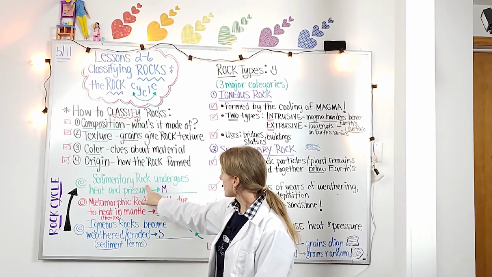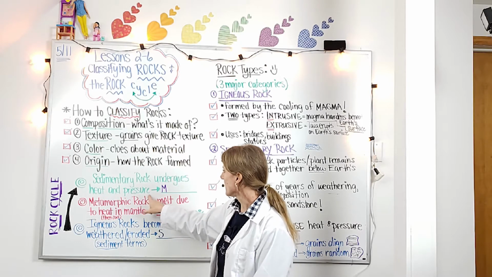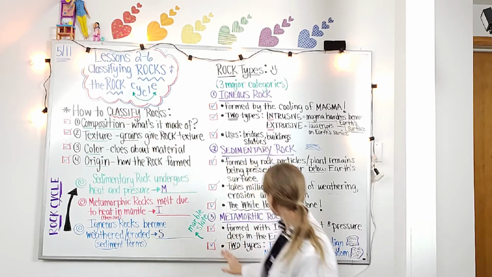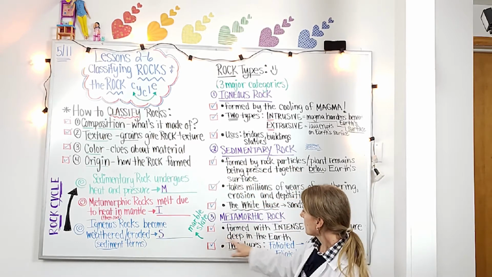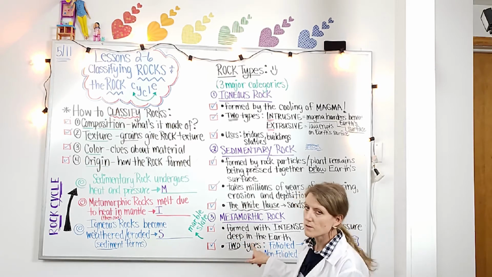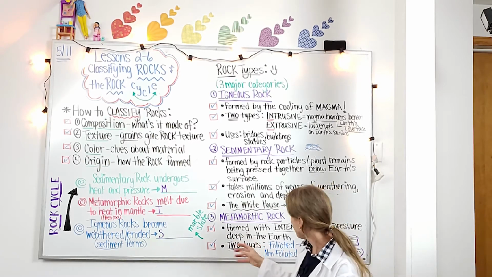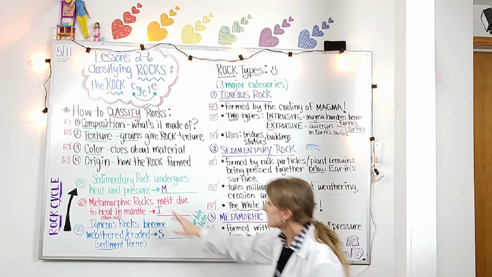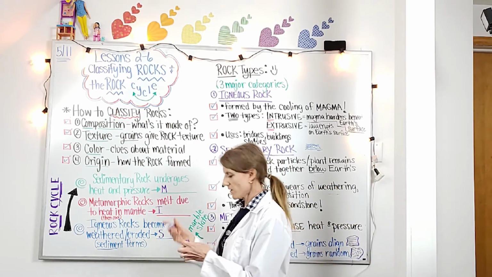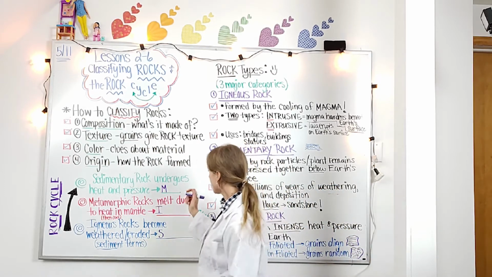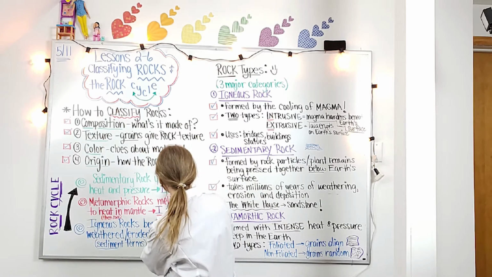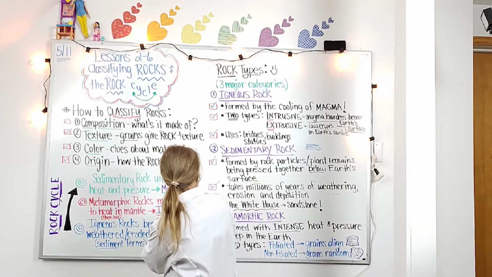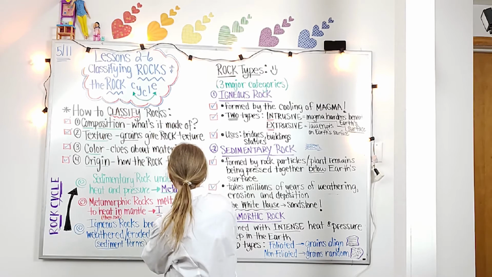When sedimentary rock undergoes heat and pressure deep within the earth, if you recall, that would change. Rock that is generated deep in the earth is called metamorphic. So when sedimentary rock undergoes that heat and pressure, it actually will change. It takes a while, of course, but it does change to metamorphic.